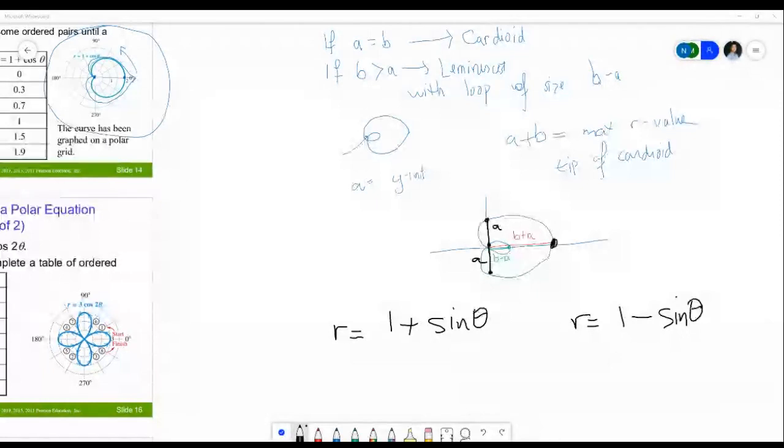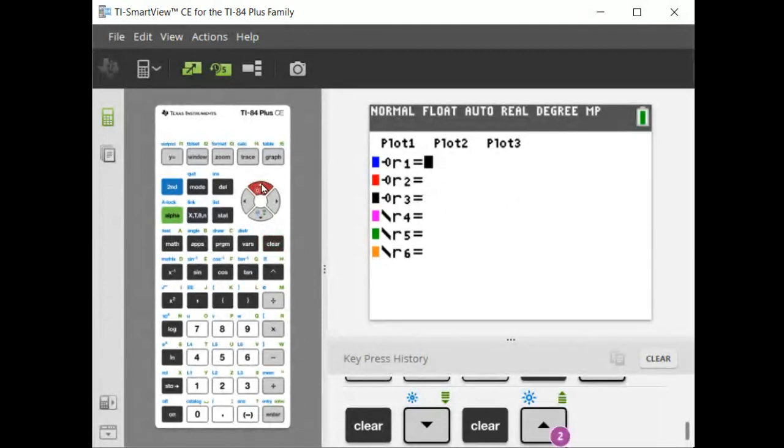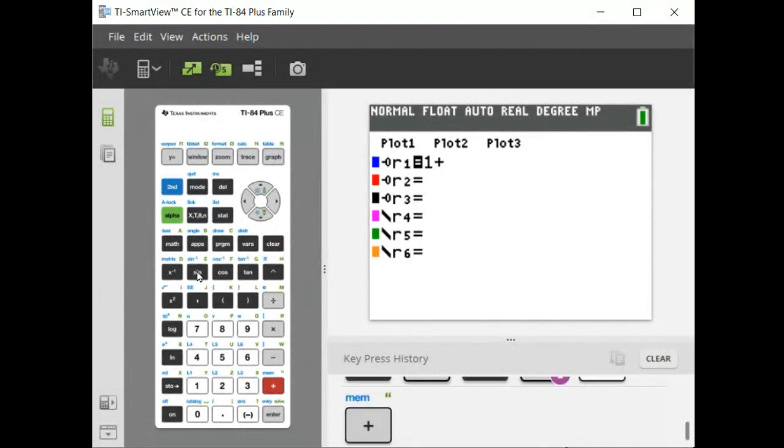Okay, so let's go back to our calculator. Let's try 1 plus sine theta.